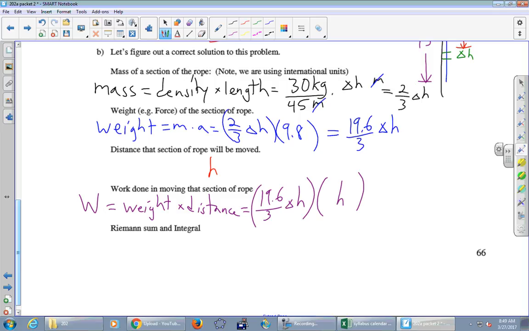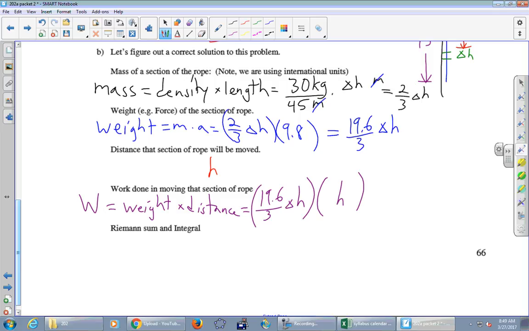That was just H. Note that there's no H squareds in this thing. Delta H and H are two completely different symbols. They don't multiply together and create anything. Okay, so this is the work done in moving one little section of rope.